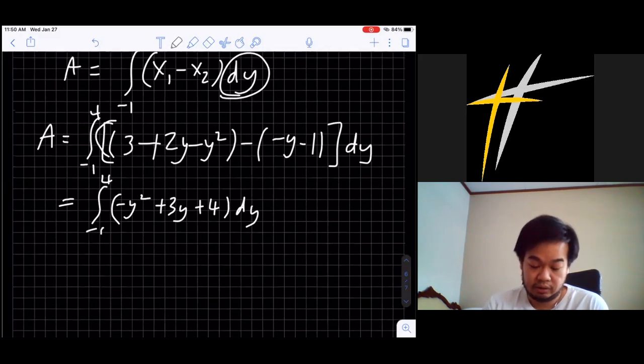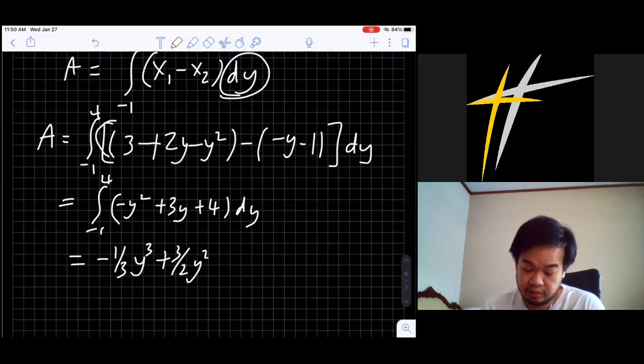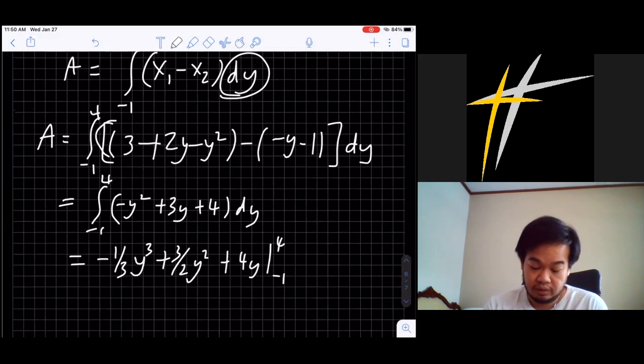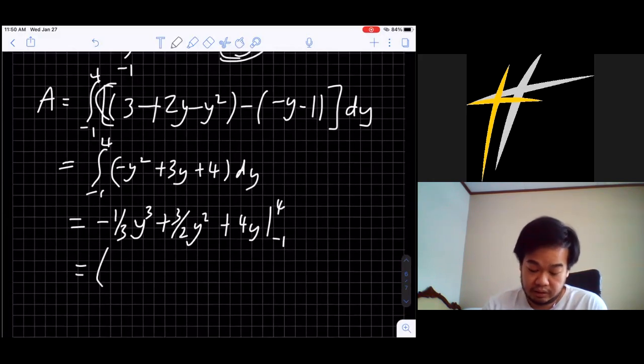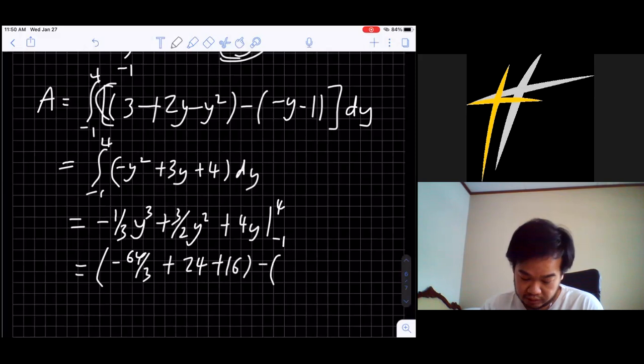So it's equal to negative 1 over 3 y cubed plus 3 over 2 y squared plus 4y evaluated from negative 1 until 4, which is negative 64 over 3 plus 24 plus 16, subtracted by 1 over 3 plus 3 over 2 minus 4.